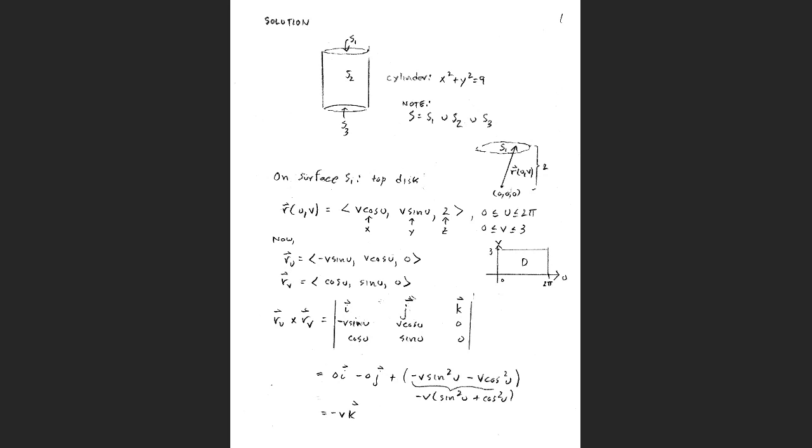What would be the difference with the bottom disk, the S sub 3? And S sub 3, by the way, bottom disk, is in the XY plane, right? How would I have to adjust the parameterization here to get the bottom disk? What kind of adjustments would I need to make?